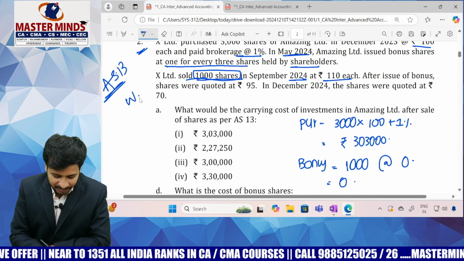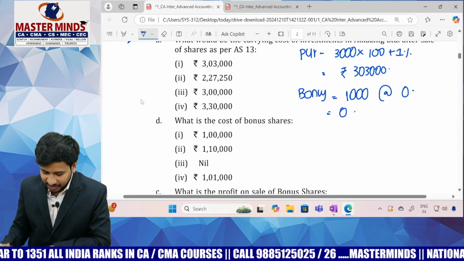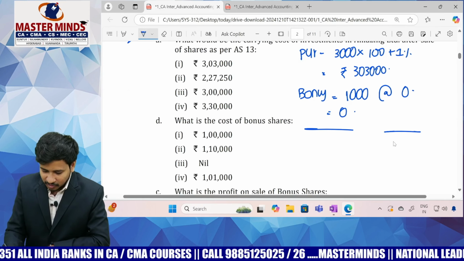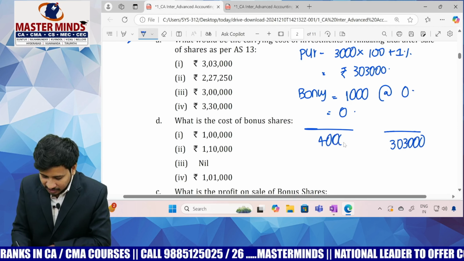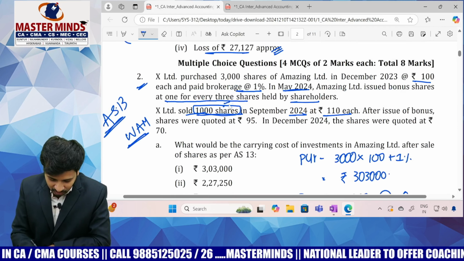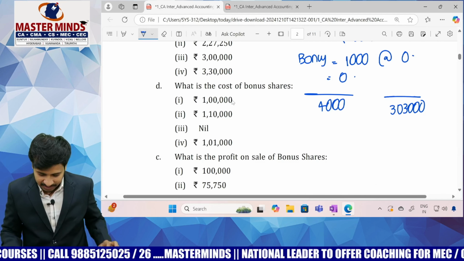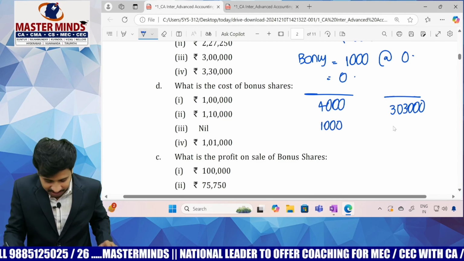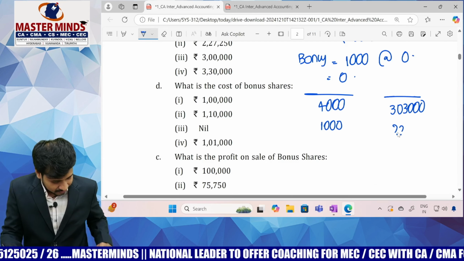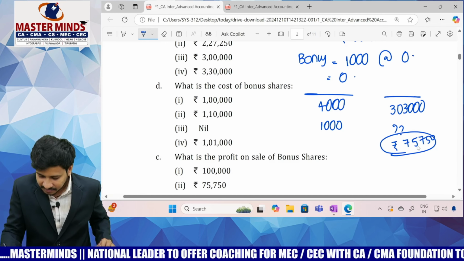You will be getting the weighted average method for sure. So let me find the weighted average price here. The total price is 3,03,000 and the total number of shares is 4,000, and we have sold 1,000 shares. So 3,03,000 divided by 4,000 multiplied by 1,000 shares. On the whole, it comes to rupees 75,750.